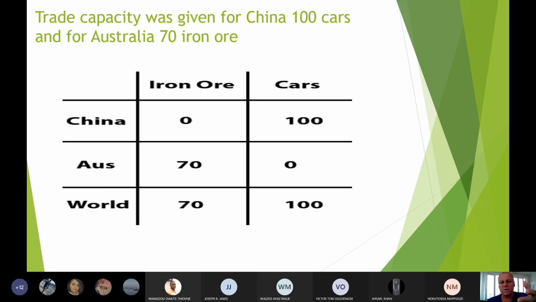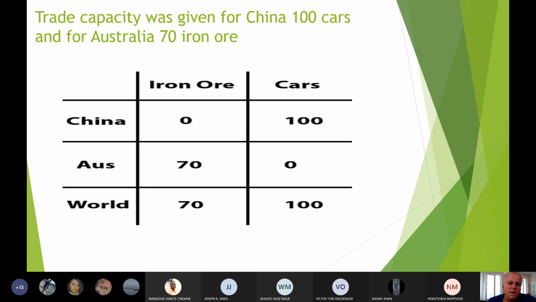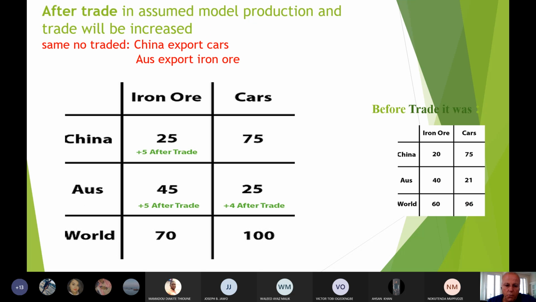Because we are talking about the products, we have the market here, and Australia, which produced 40 units, will become 45 units, 5 units more. We have car production of 75 for China, because we said China is going to become the trade partner for car production, and the rest should be traded, isn't it? Because the market is 100 units, the world market.